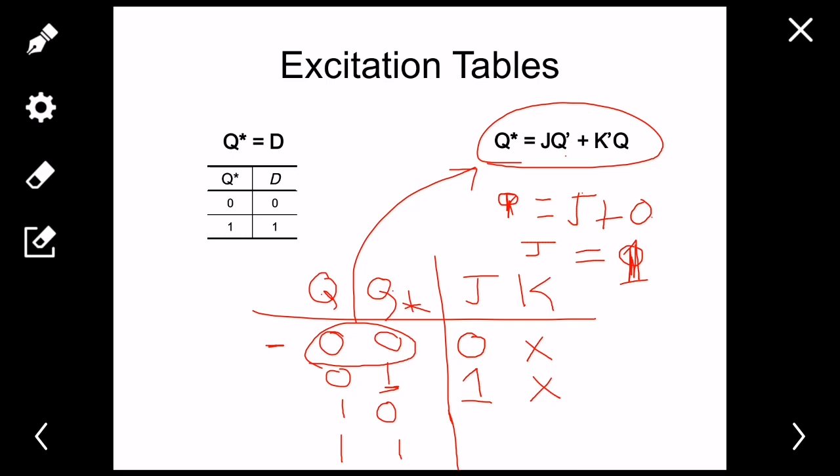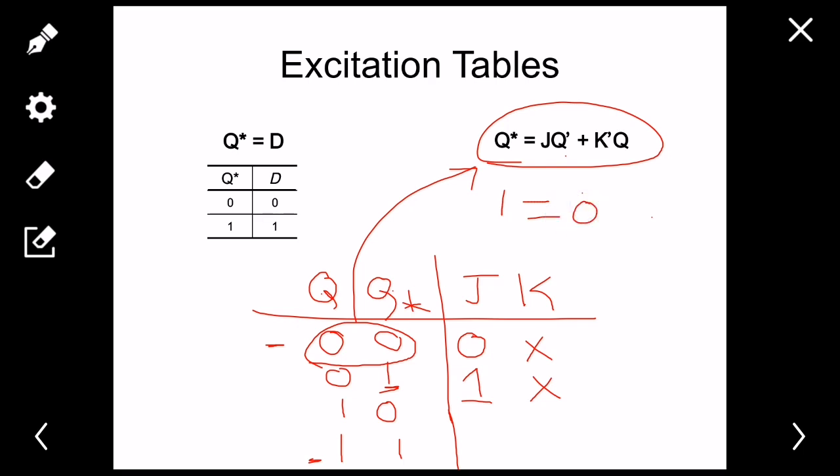So for another example, I'll just show you another example of it. For the last combination, if I put this, see that it becomes 1, and this becomes 0, and this becomes K prime.